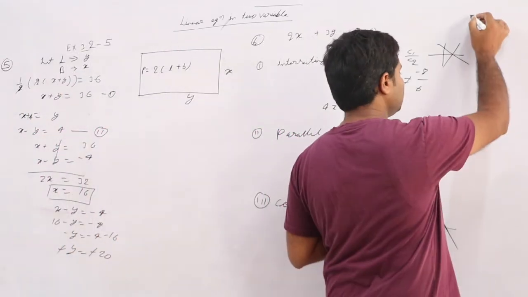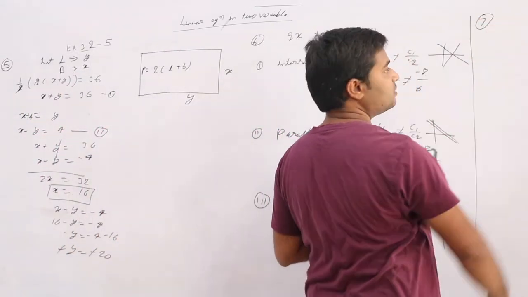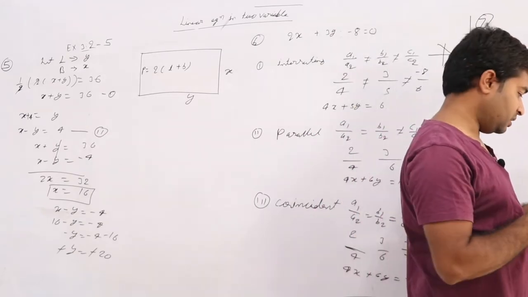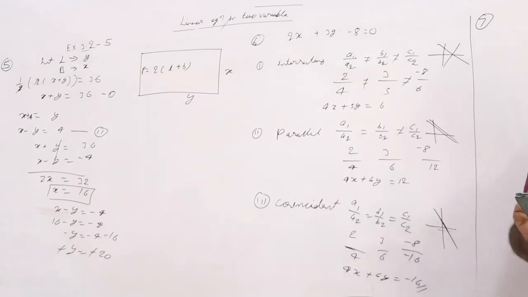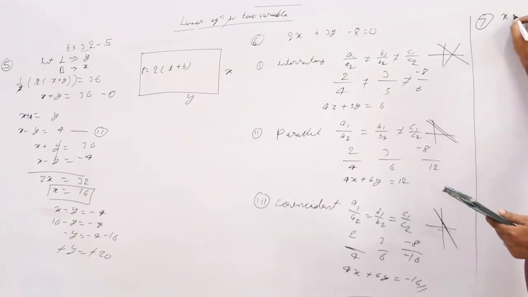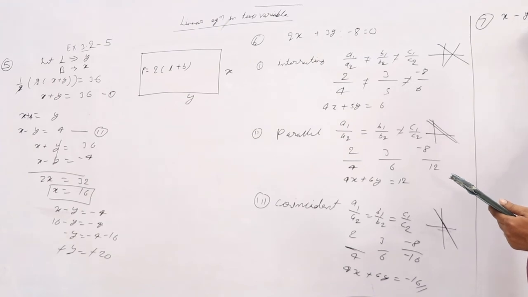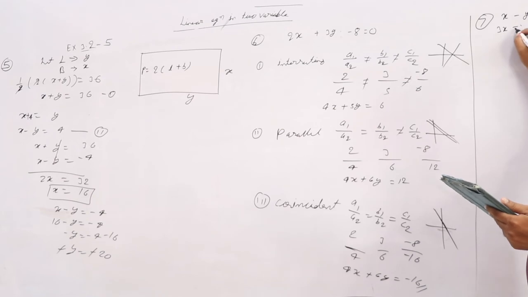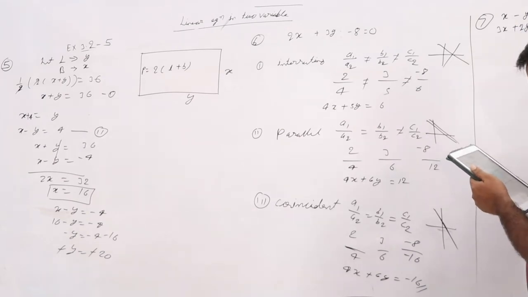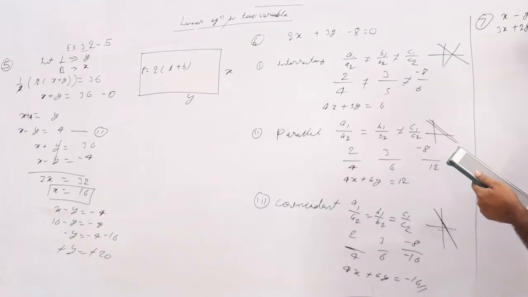See question number 7. Draw the graph of the equations x minus y plus 1 is equal to 0 and 3x plus 2y minus 12 is equal to 0.